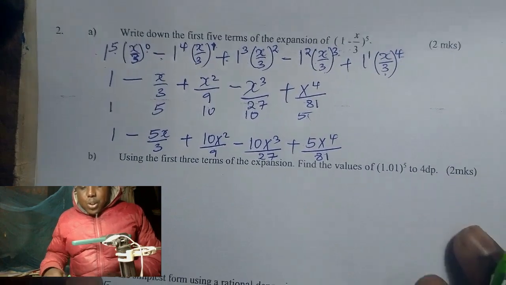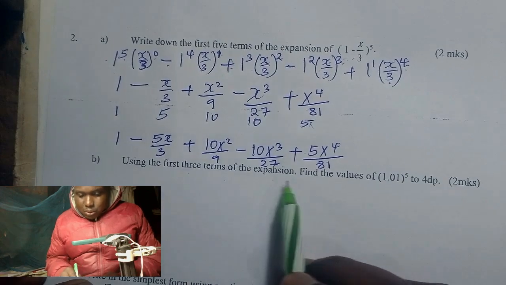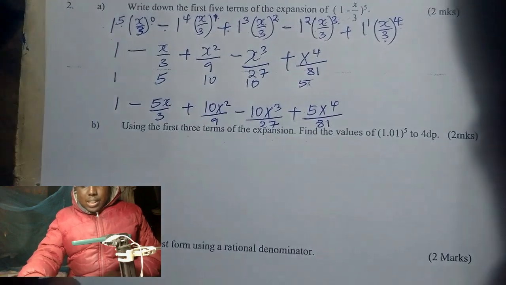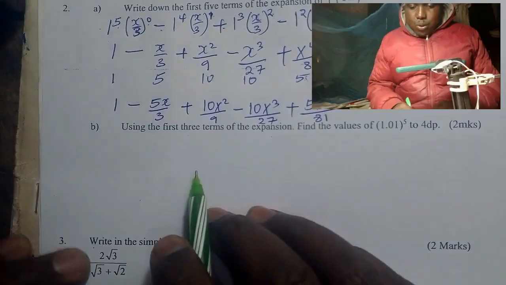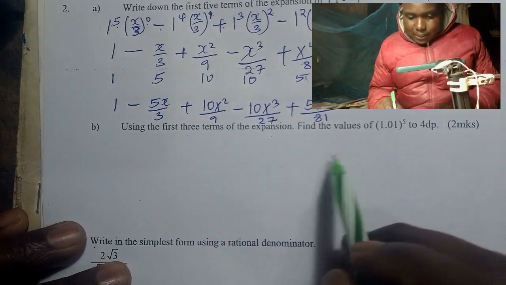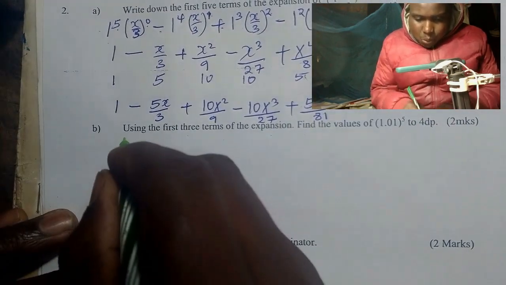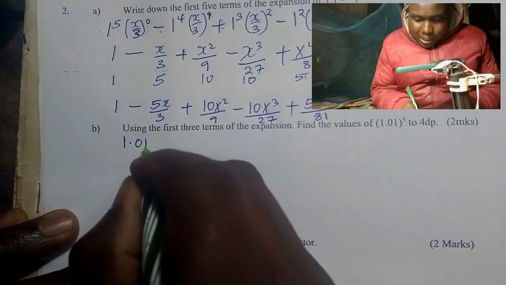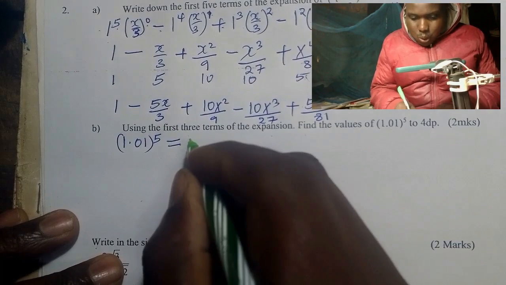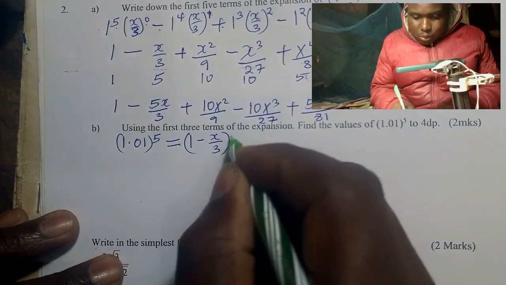Now use the expansion. Using the first 3 terms of the expansion, find the value of this. We are going to use this expansion to solve this, but first we need to know what this means. It means that 1.01 raised to power 5 is equal to 1 minus x over 3 raised to power 5.